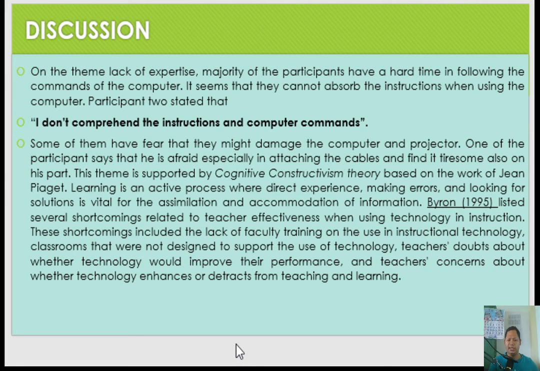Shortcomings included the lack of faculty training on the use of instructional technology, classrooms that were not designed to support the use of technology, teachers' doubts about whether technology would improve their performance, and teachers' concern about whether technology enhances or detracts from teaching and learning.